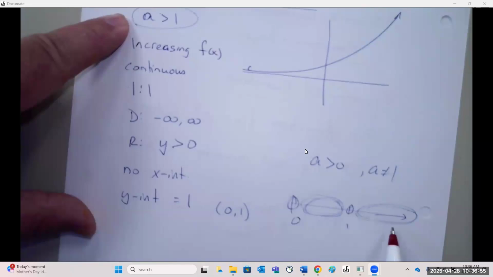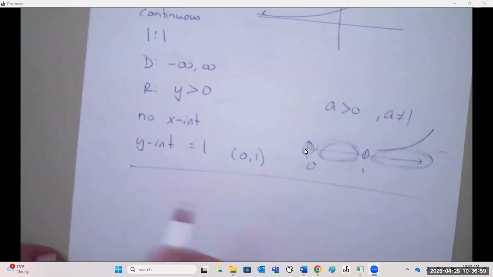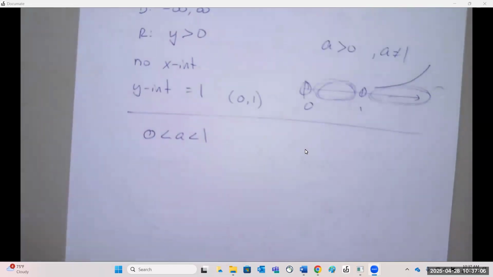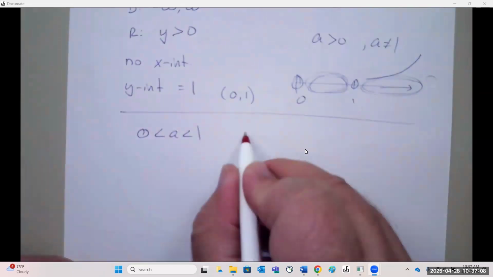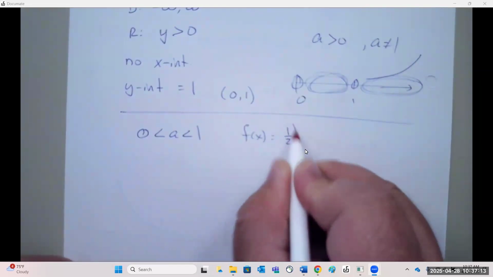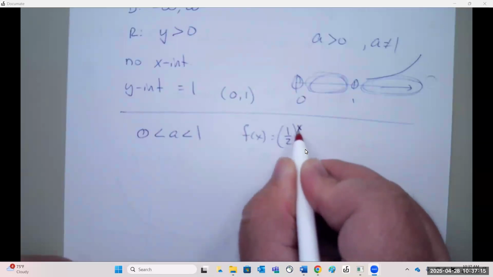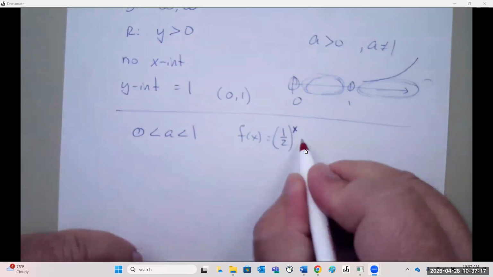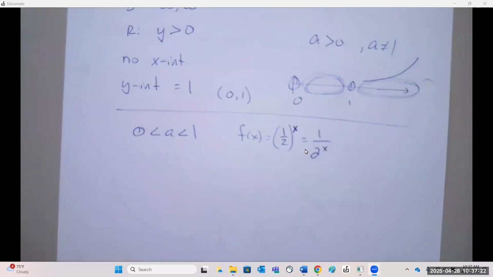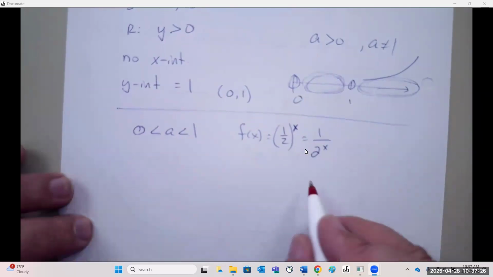If it's greater than 1, then it's an increasing function. Now, if a is between 0 and 1, let's say our function looks like this: 1/2 to the power x, or (1/2)^x.